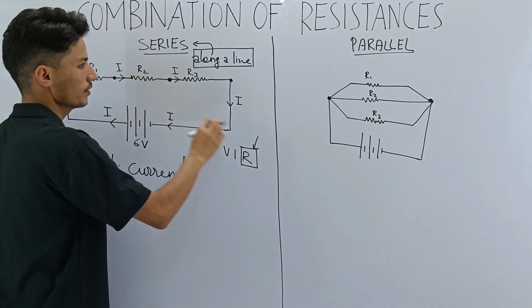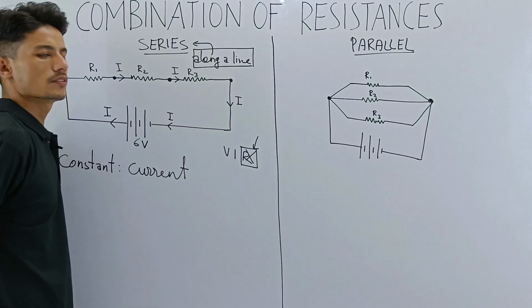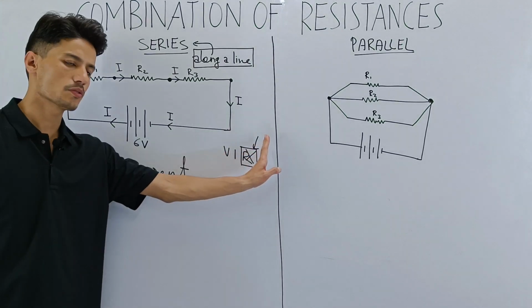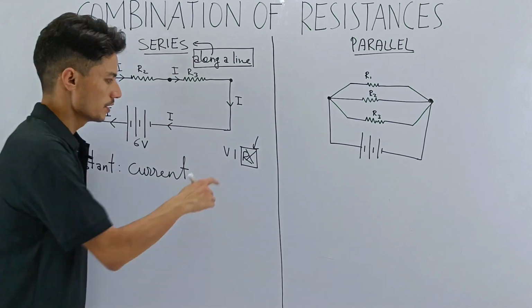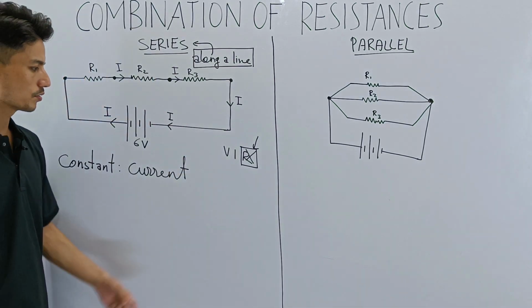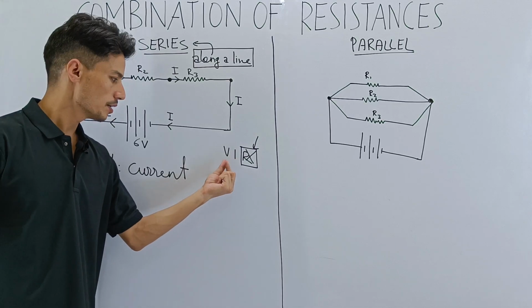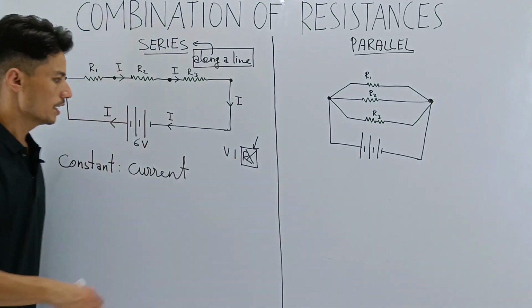Don't pay attention to him. So you have only two quantities to worry about: potential difference, which is V, and current. The discussion is about these two only. So in series combination, current is constant.